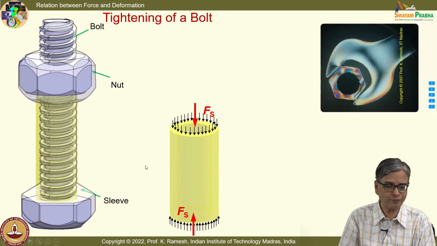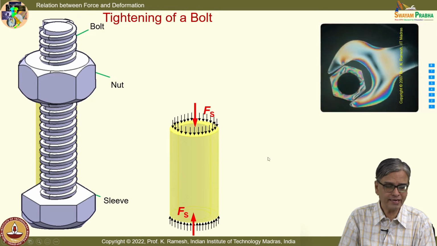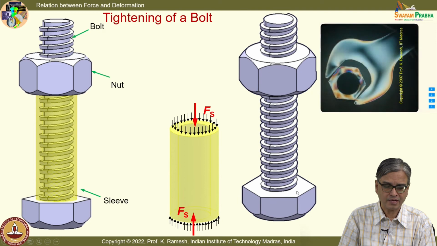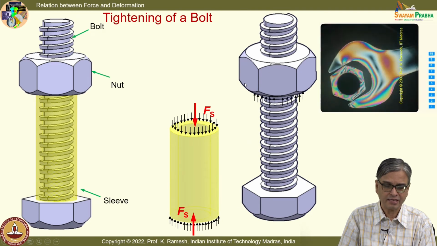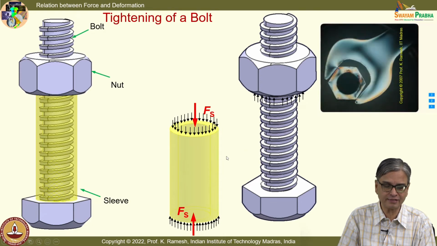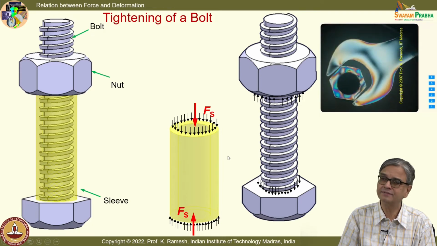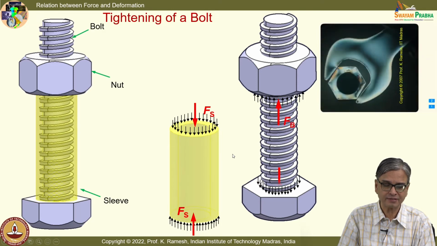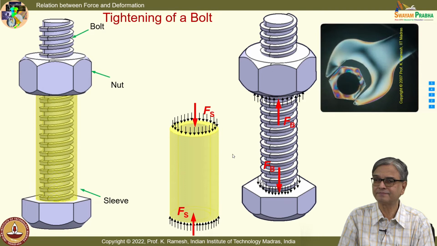You will have forces on the bolt head. I will have forces acting on the bolt head. I will also have the forces acting on the nut. Fine. And you can also find out the resultant. I would have this as Fb.